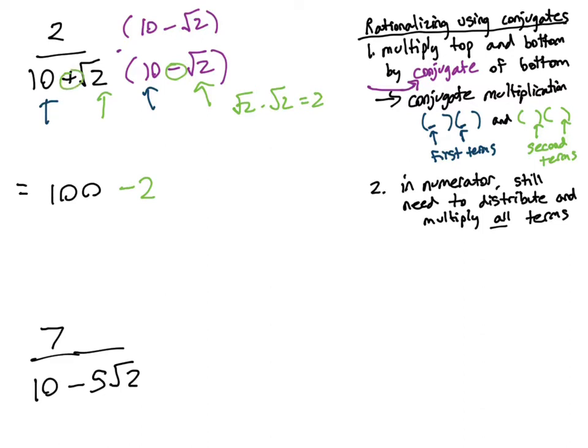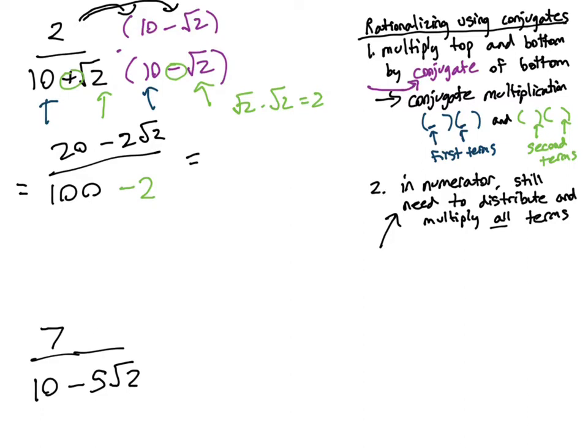In our numerator, though, that same shortcut does not apply. We still need to distribute everything in the numerator like it's a regular multiplication. So we're going to multiply 2 times 10 gives us 20, and 2 times negative square root of 2 is written like this, negative 2 times square root of 2.